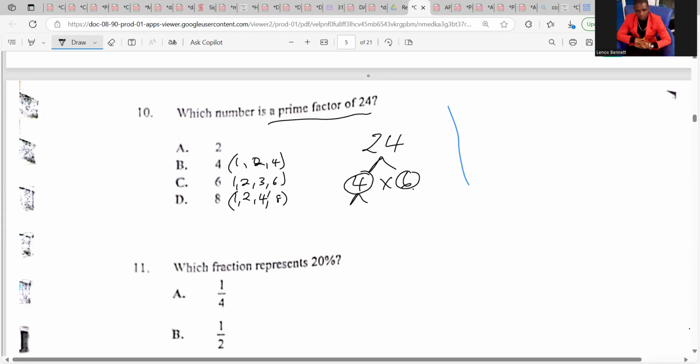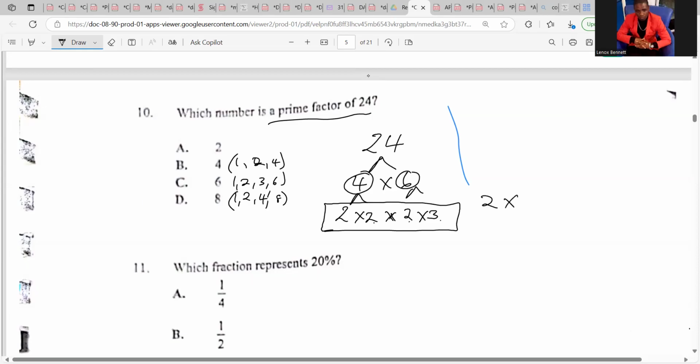How can we break down 4? 2 times 2. Check if we remember, guys, because we've been through this already. What about 6? 2 times 3. So in other words, the prime factorization of 24 would be 2 times 2 times 2 times 3.